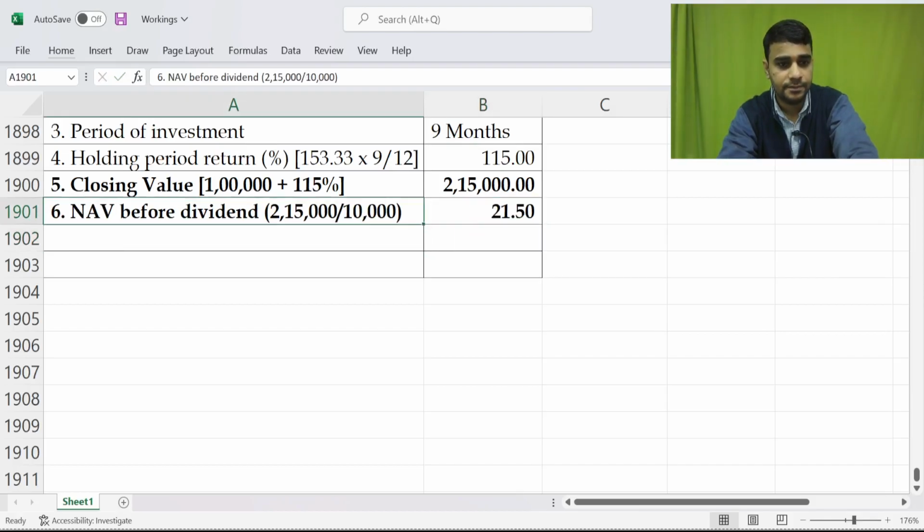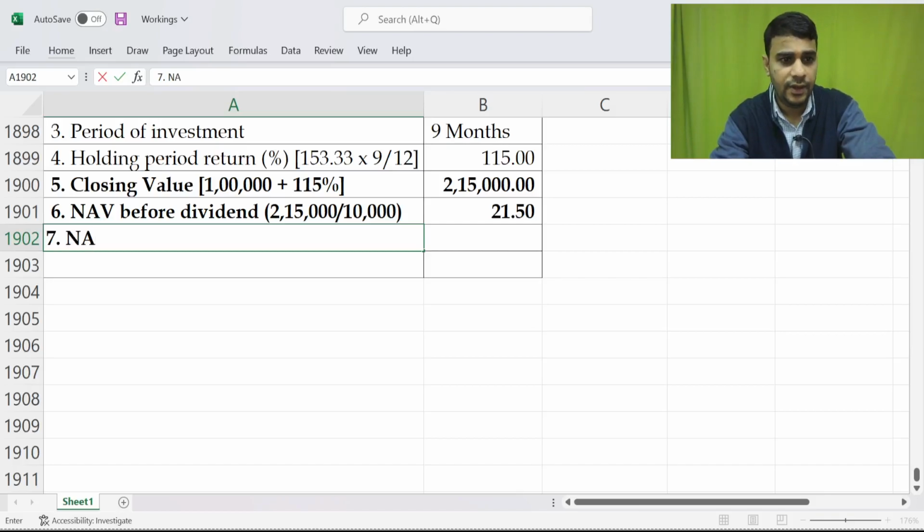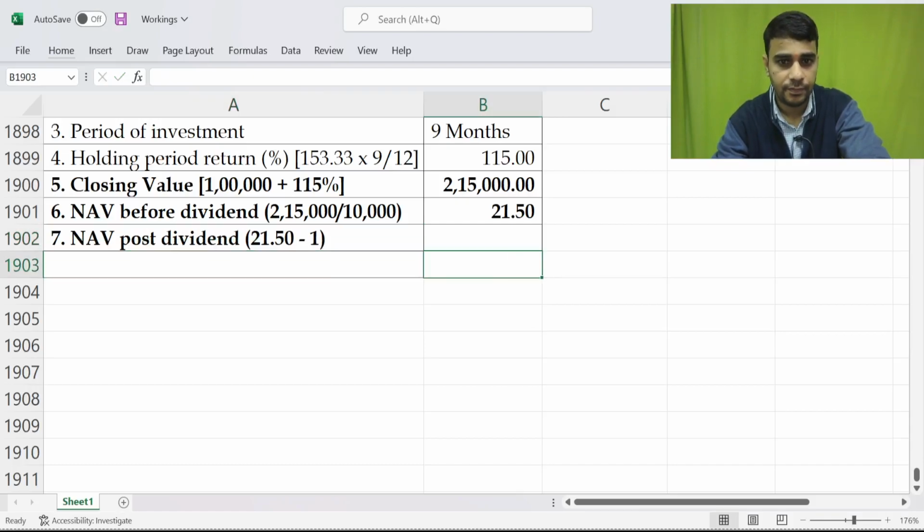NAV post dividend: 21.5 minus 1 rupee. Pre dividend 21.5, post dividend 20.5. Before dividend 21.5 and after dividend 20.5.